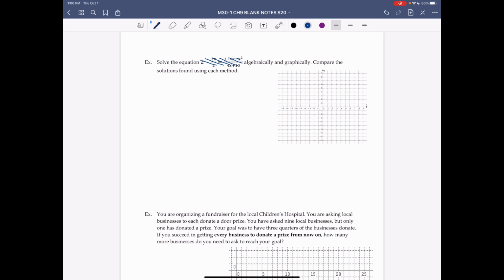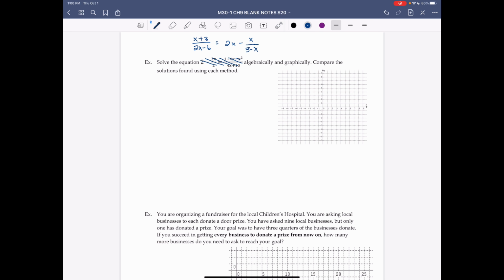It should be (x plus 3) over (2x minus 6) equals 2x minus x over (3 minus x). That's what it should be. So solve that algebraically and graphically. Compare the solutions found using each method.